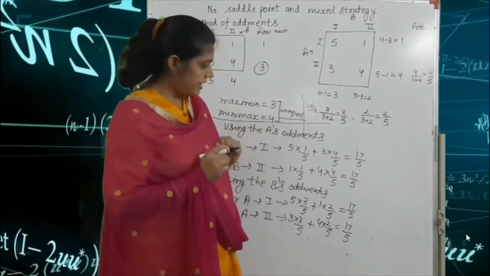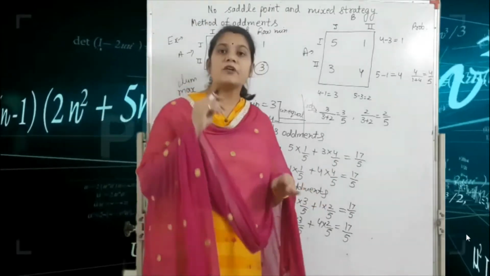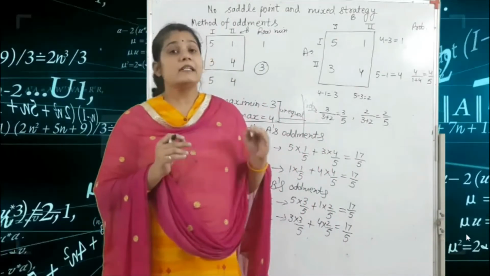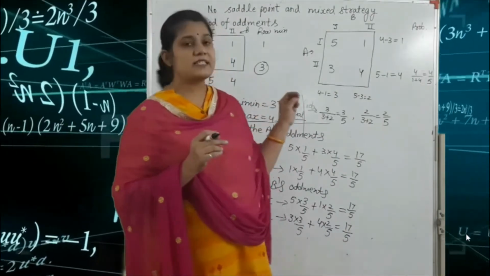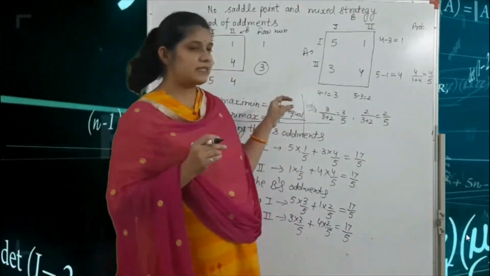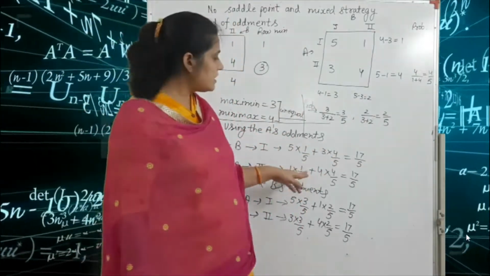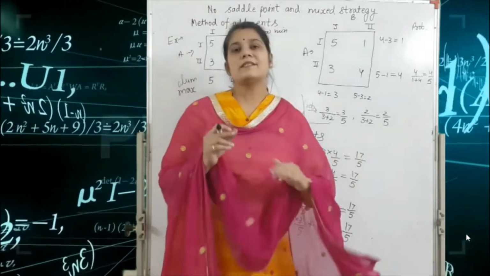If in case these four values are not equal, for example one value is different, that means your solution is incorrect, that means there is some mistake in the calculation. These values are equal, that means our solution is correct.